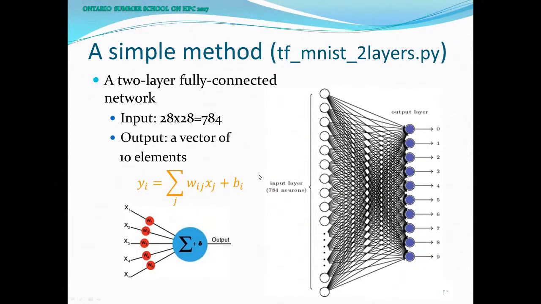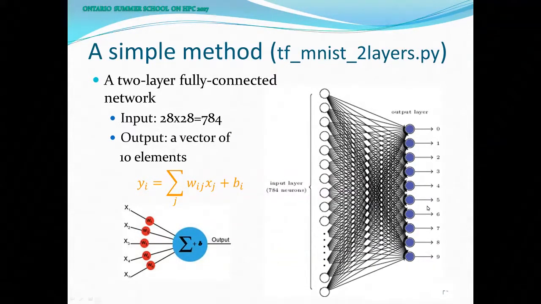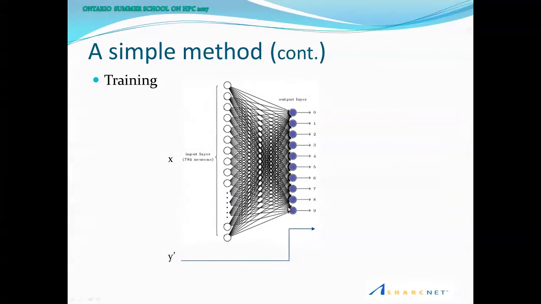So for this one, how many W do we have? We have 784 times 10, which is 7,840 weights. And how many biases B? We have 10. We need to determine those, and determine them to make the output match the ground truth, which is Y prime.